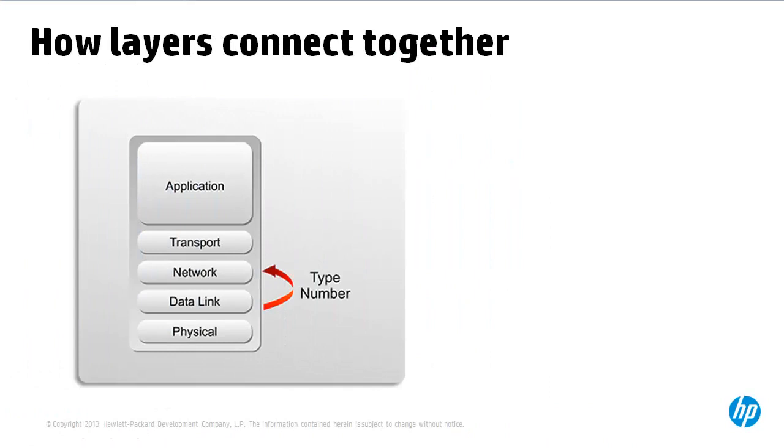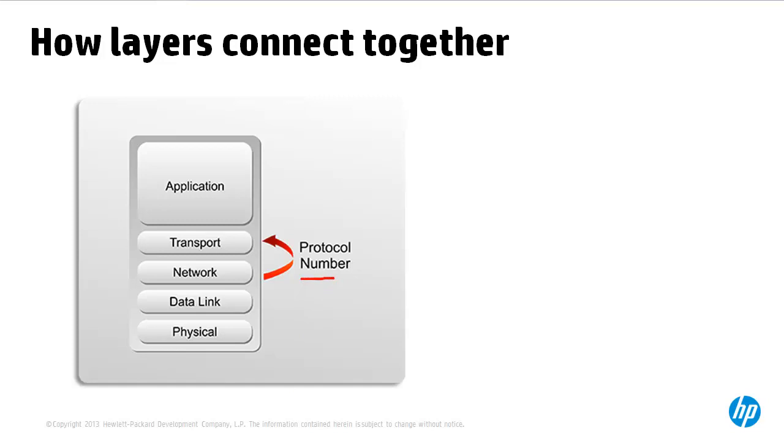Now in the OSI model, when frames are received at layer 2, they are mapped to layer 3 using a type number on Ethernet 2, which is the most common type of Ethernet. So the type field identifies that this is IP version 4. The protocol number at the network layer identifies the transport layer protocol.